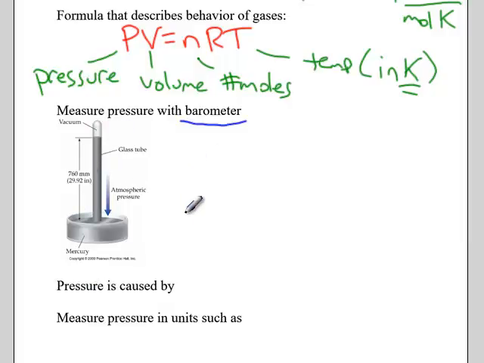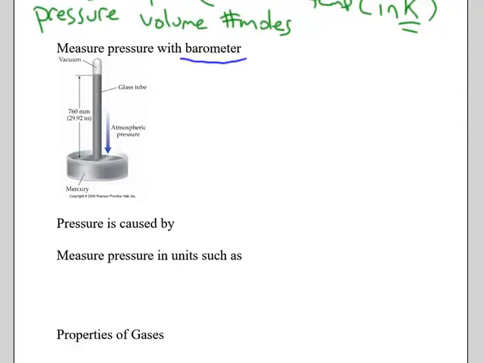So 1 atmosphere of pressure is defined as the difference in height here being 760 millimeters if you use mercury as your liquid.